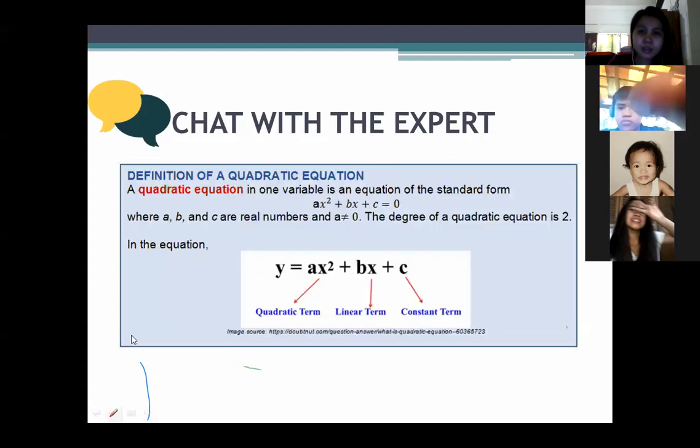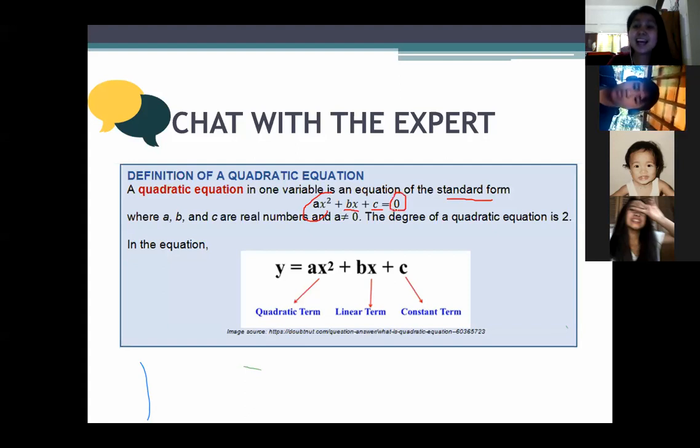The equation is in standard form if you have written all the ax squared, the bx, and the c, and equate it to 0. Again, it's always in standard form if the equation is equal to 0. In the standard form, the number before x squared is called a.